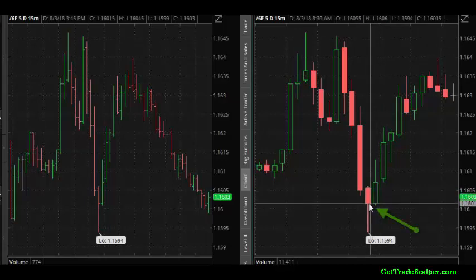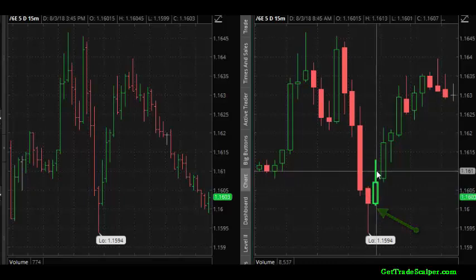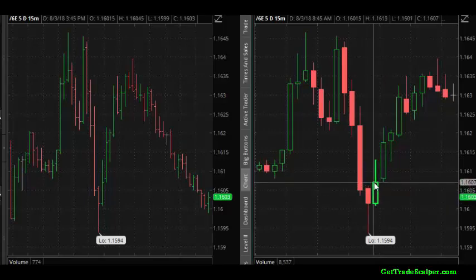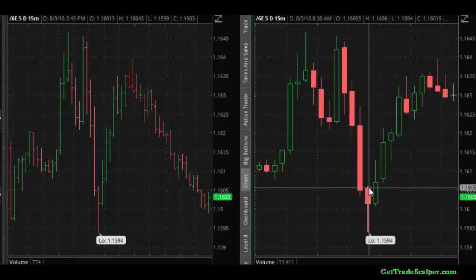It opened here, right where it closed on this bar. It opened here on this next bar, and you had the high, you had the low, and you had a close right here, which is higher than this close, the previous bar close. So that is a bullish indication right there.